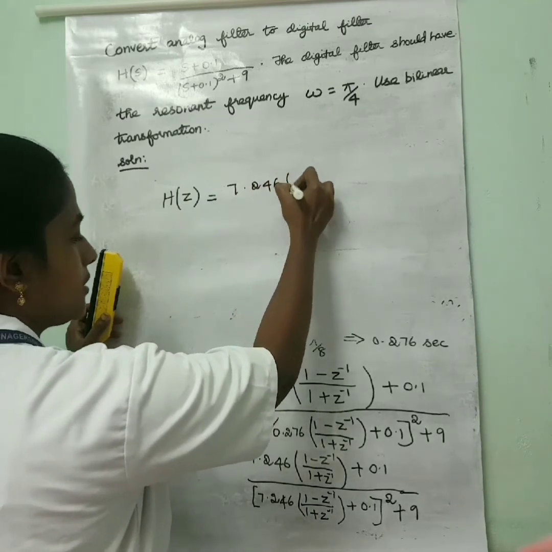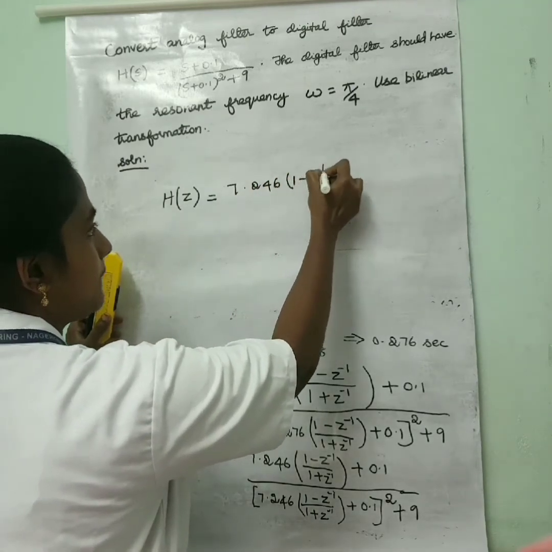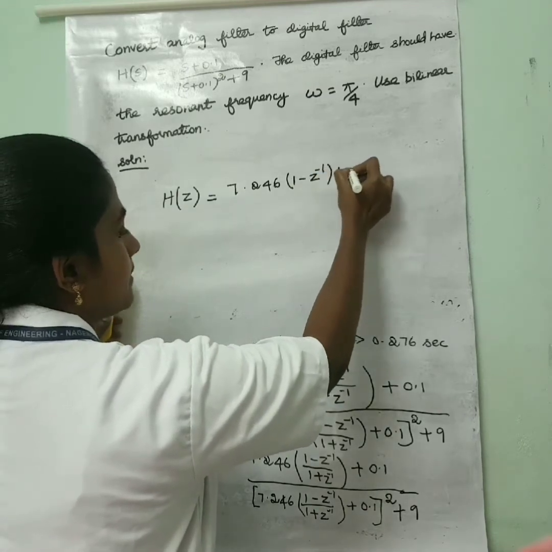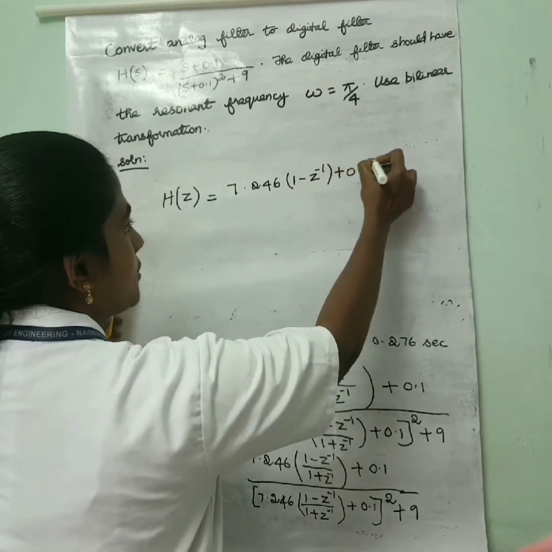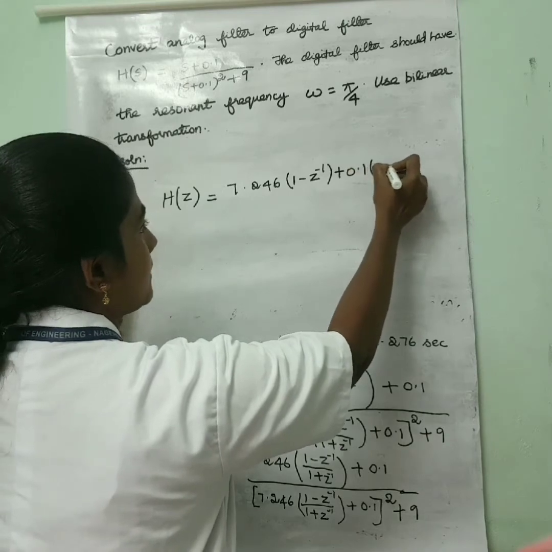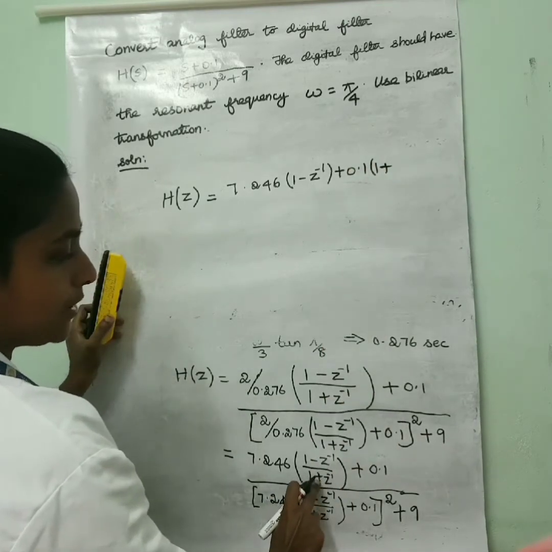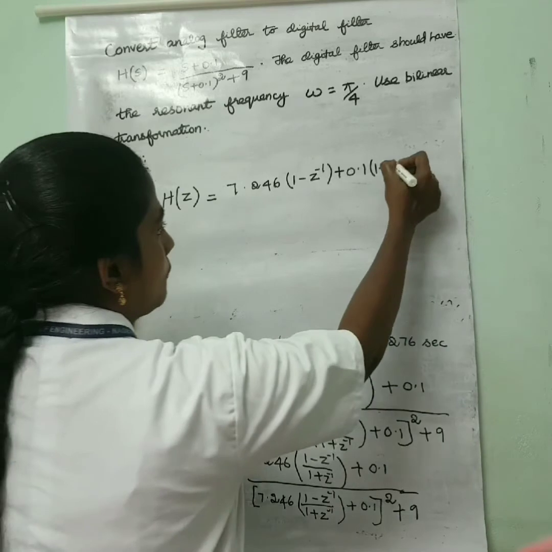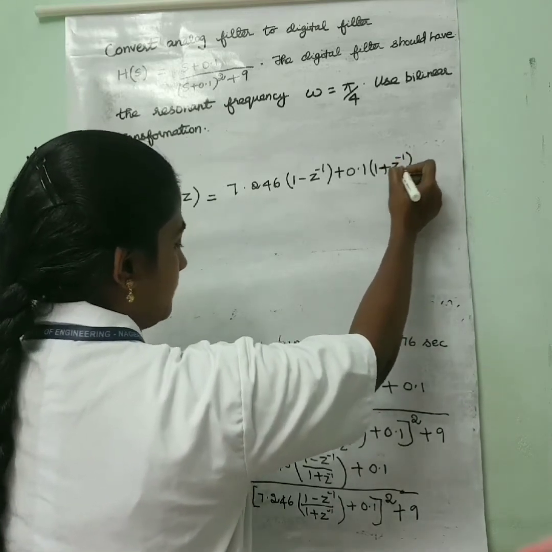So you can write it like this: 7.246 into (1 minus z power minus 1) plus 0.1 into (1 plus z power minus 1), where you are taking LCM in the numerator, and you will get (1 plus z power minus 1).